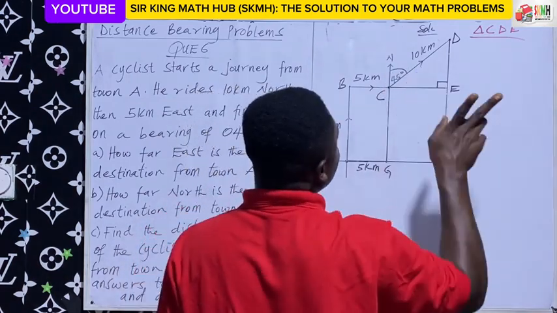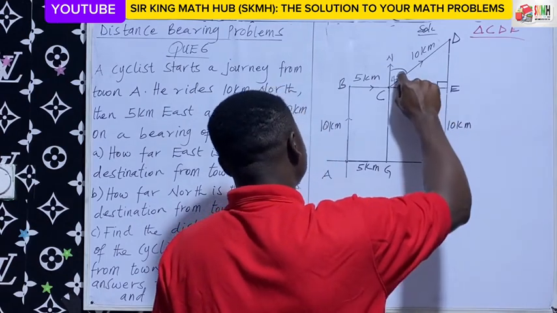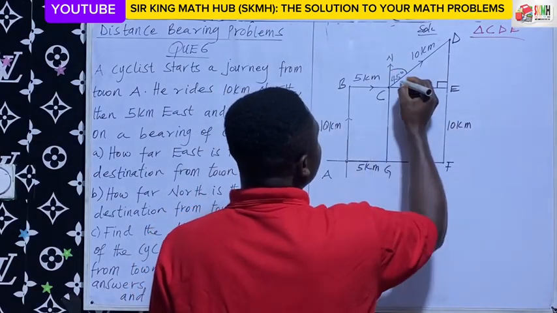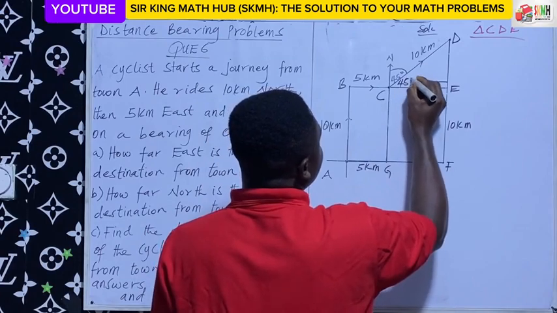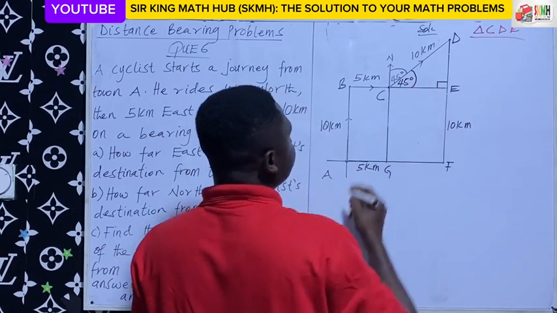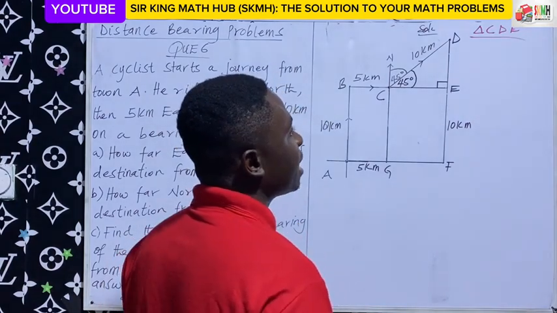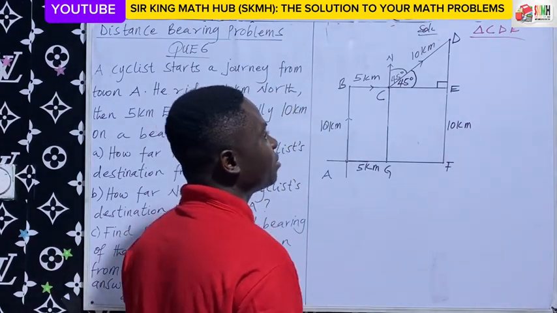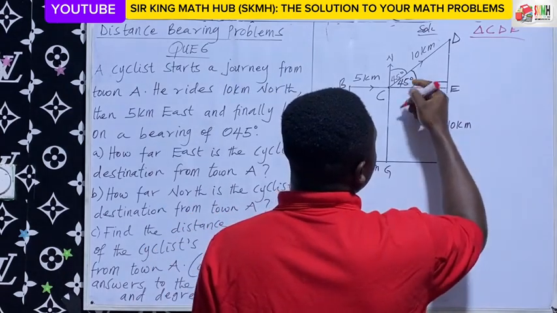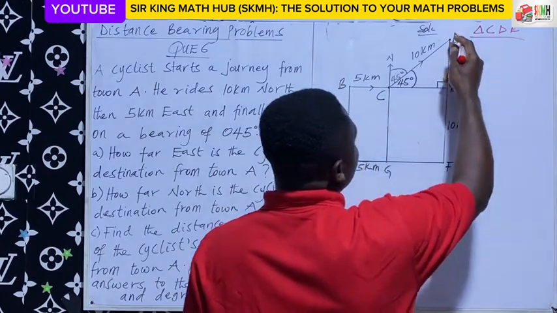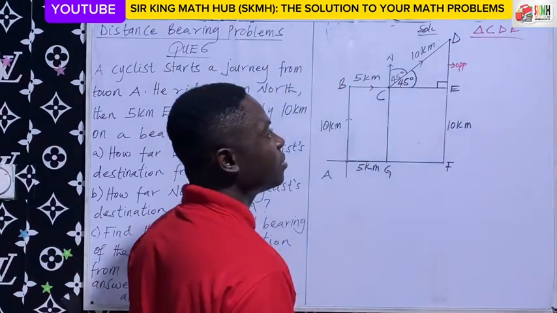And this quadrant has been divided into two. One part measuring 45 degrees. So what will be the measure of this angle here? So here we also measure 45 degrees. So can we identify the sides of our right angle triangle? Since this is the acute angle, this side here becomes our opposite, because it is the side facing the acute angle.